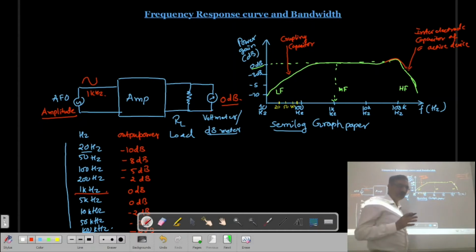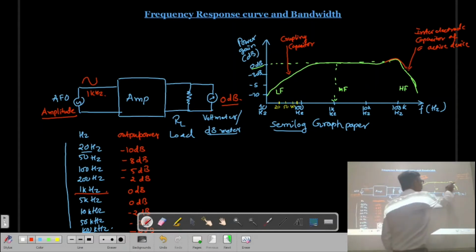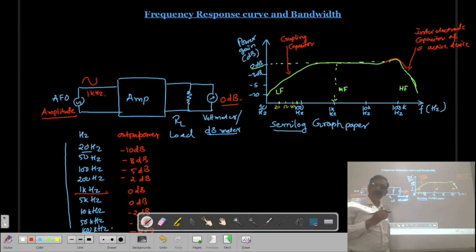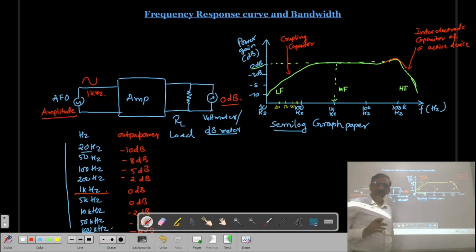So in a transformer coupled amplifier, there will be a kind of distributed capacitance and the inductance of a transformer, and due to that you will get a kind of resonance at a higher frequency, and that's why the power gain of the amplifier is increasing. But if you have an RC coupled amplifier, then this kind of peak you will not find. This is possible in the case of a transformer coupled amplifier.